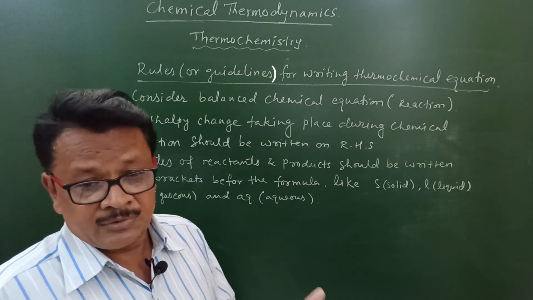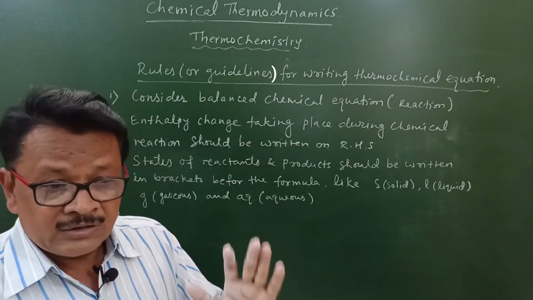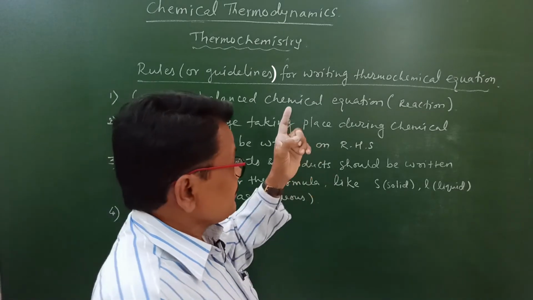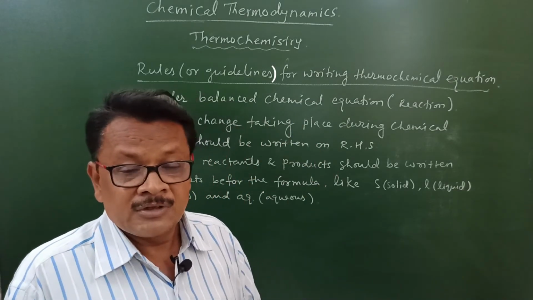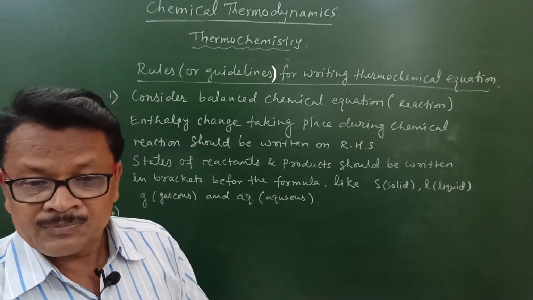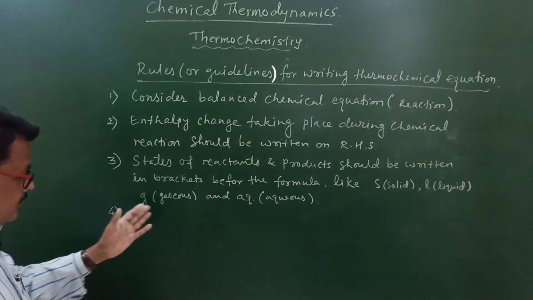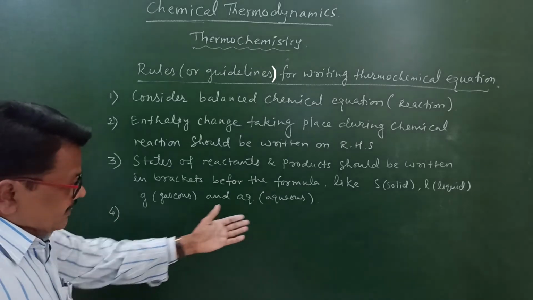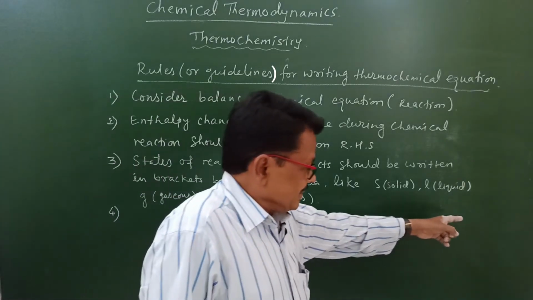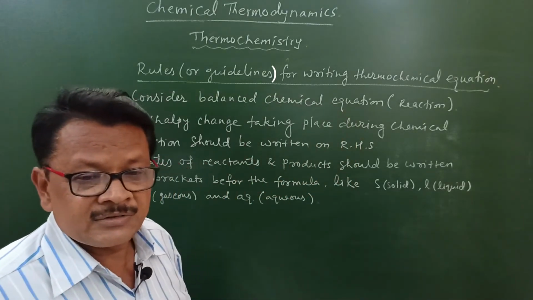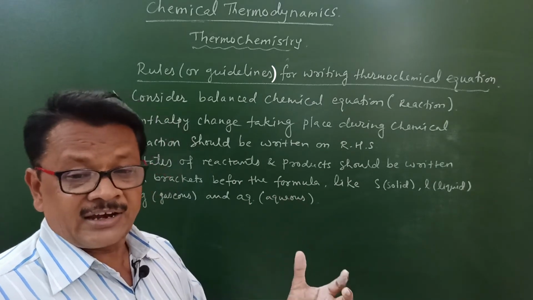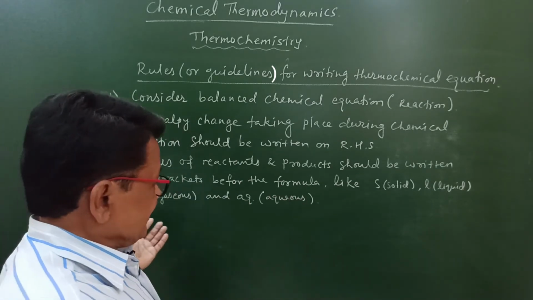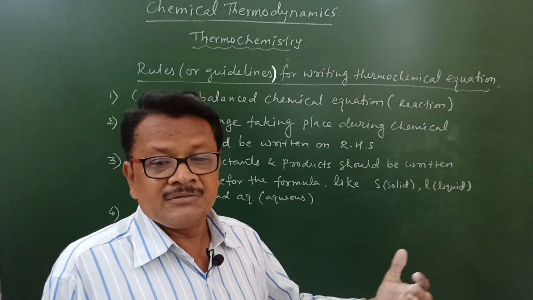That is an important one. The fourth and fifth rules are important while solving problems on this topic. What is the fourth rule? During a chemical reaction, enthalpy change is written before it. That enthalpy change indicates that the reaction is taking place in a given direction.